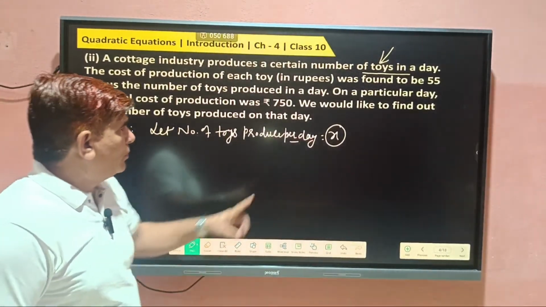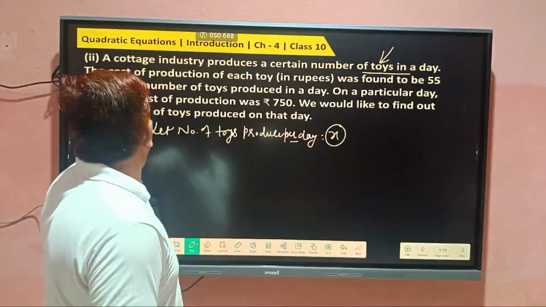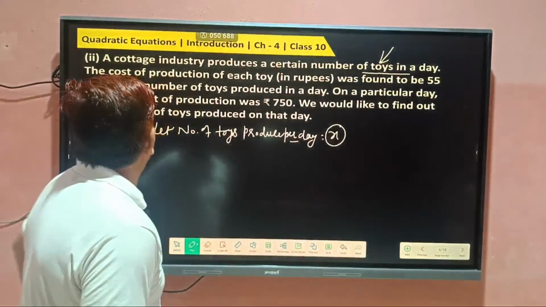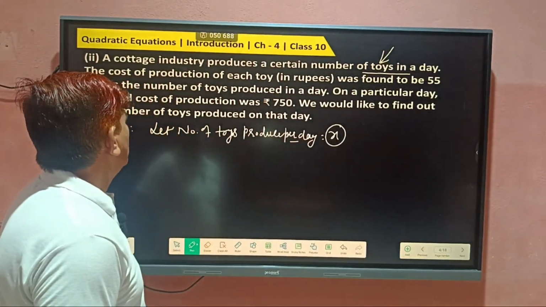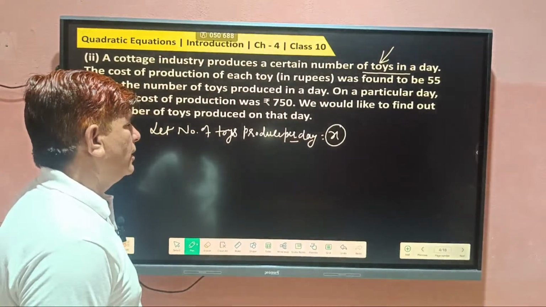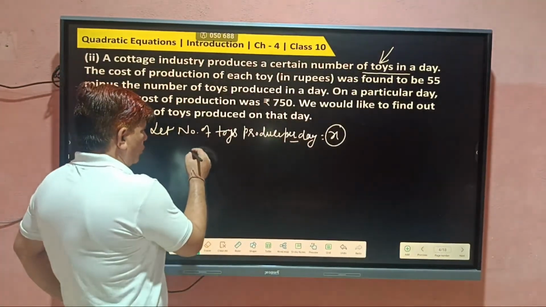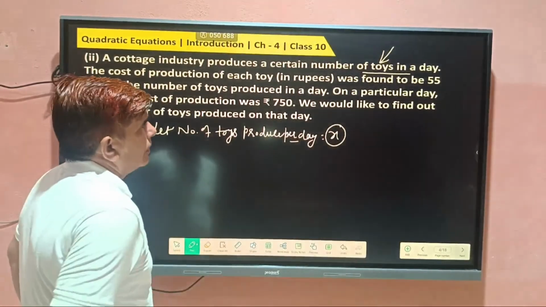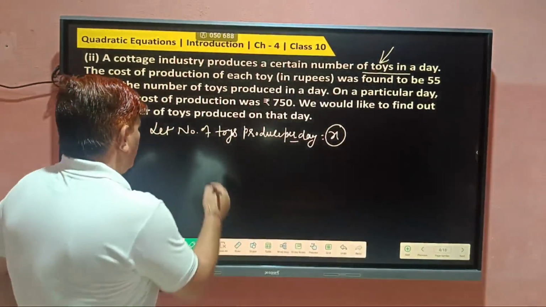The cost of production of each toy was found to be 55 minus the number of toys produced in a day. How many are produced in a day? X. What's X? Yes or no? Yes. So the cost of production of each toy was found to be 55 minus the number of toys produced in a day. So, according to the question, understood?